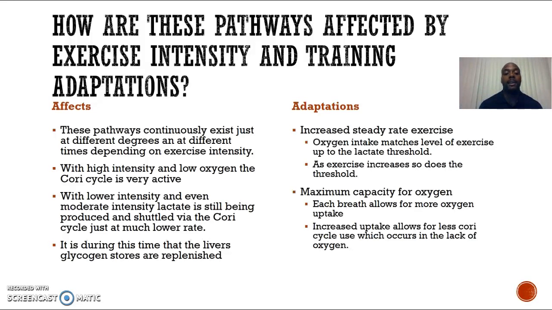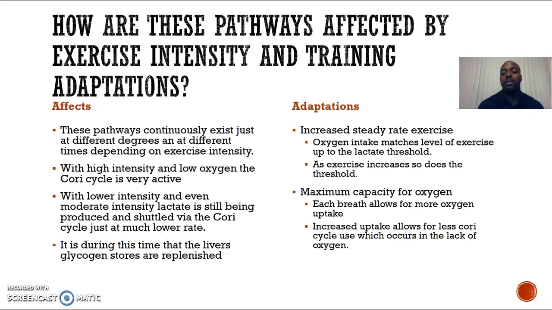With high intensity exercise and a low oxygen presence, like anaerobic exercise, the Cori cycle is very active. With lower and even moderate intensity, lactate is still being produced and shuttled through the blood through the Cori cycle, but at a much lower rate. It's during this time that the liver restores and replenishes its glycogen stores.